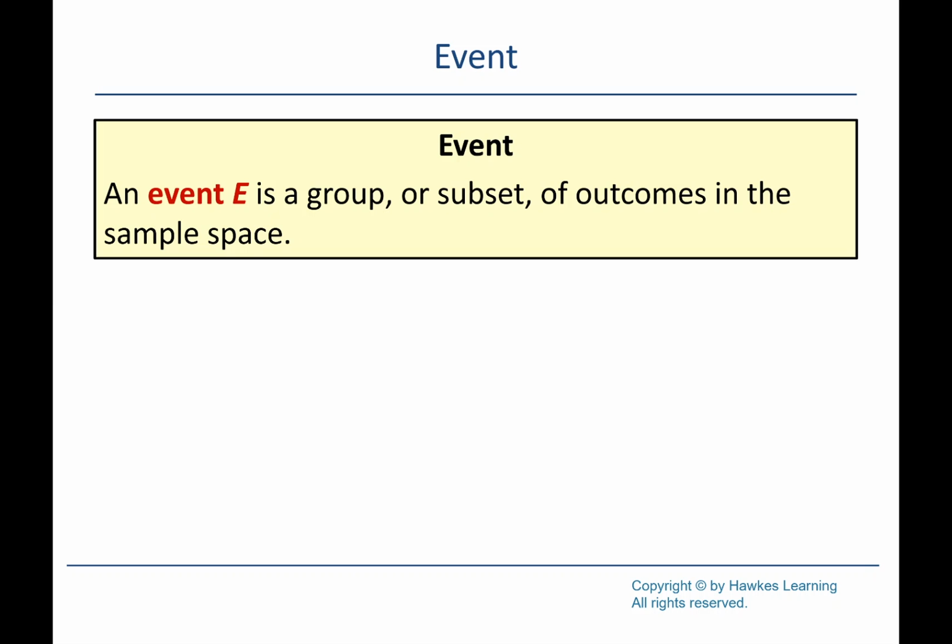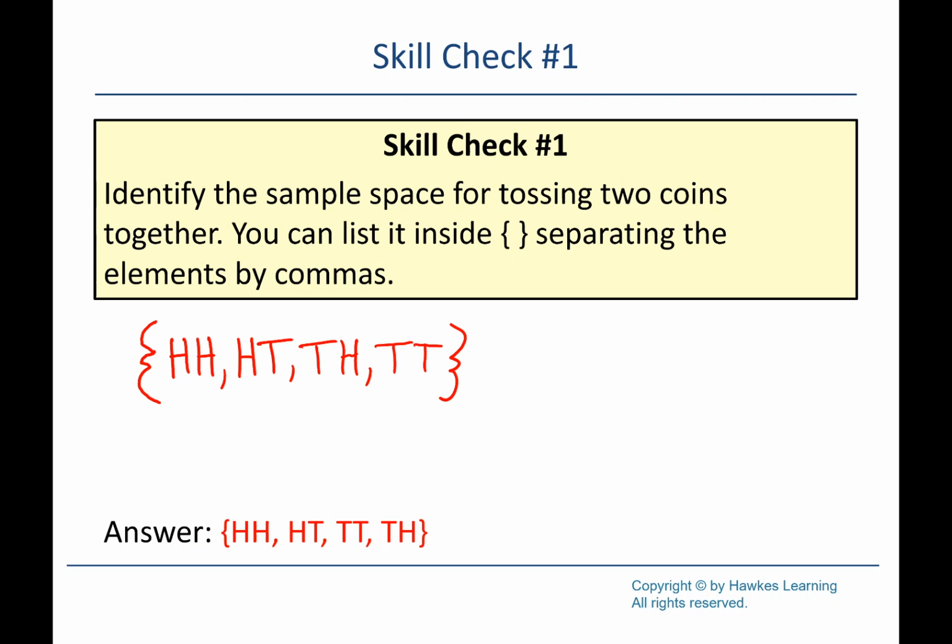So like if we go back to our coin flipping one here, maybe I want to think about all the outcomes where we have at least one head, right? So that would be this one, and this one, but not this one. So then all the outcomes where we have at least one head, that would be an event. Okay? So that's some subset of our sample space.